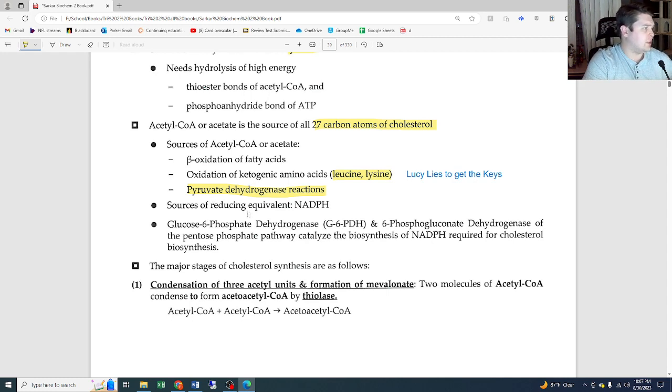The source of reducing equivalents is NADPH, and glucose 6-phosphate dehydrogenase and 6-phosphogluconate dehydrogenase of the pentose phosphate pathway catalyze the biosynthesis of NADPH required for cholesterol biosynthesis. So again, bringing up that pentose phosphate pathway, we need that NADPH for this whole process to occur. Again, this is going to be a very similar process to what we saw earlier with the traditional lipid biosynthesis in Chapter 2.